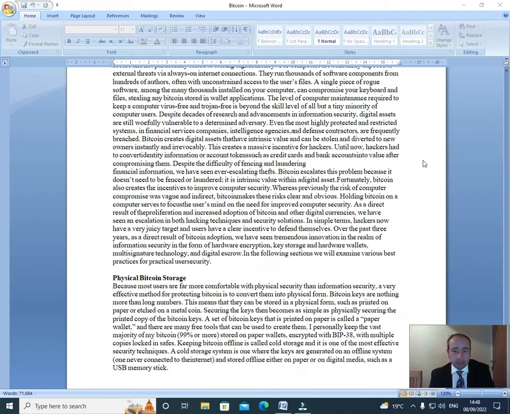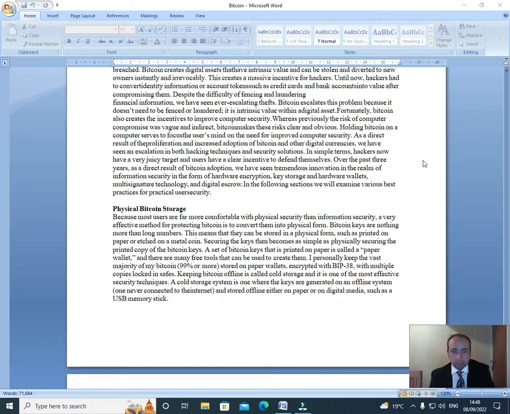Despite the difficulty of fencing and laundering financial information, we have seen ever-escalating thefts. Bitcoin escalates this problem because it doesn't need to be fenced or laundered. It is intrinsic value within a digital asset.